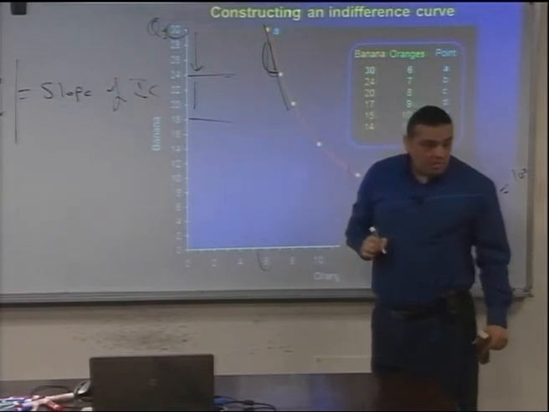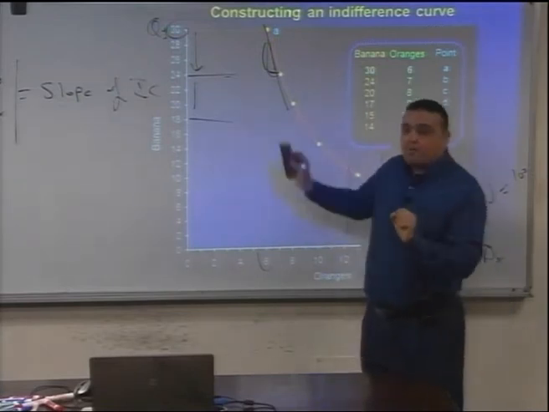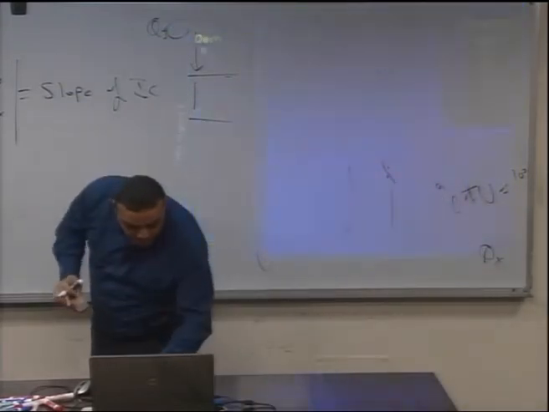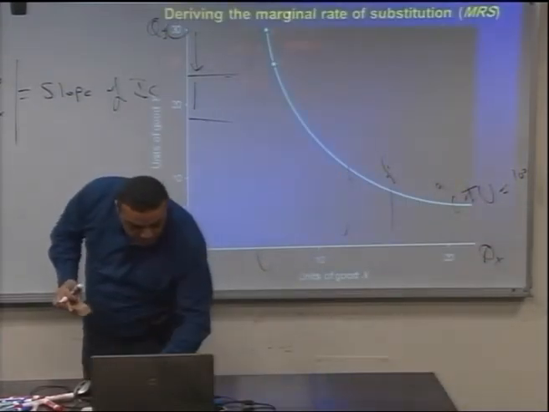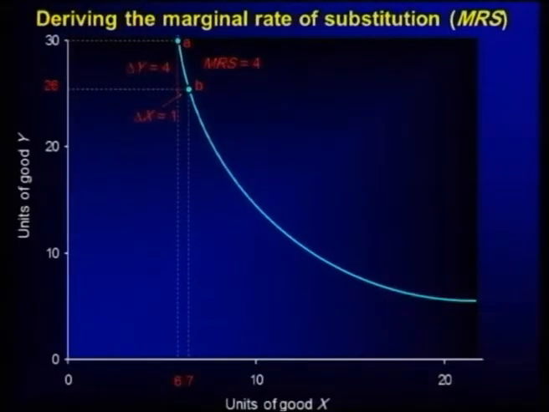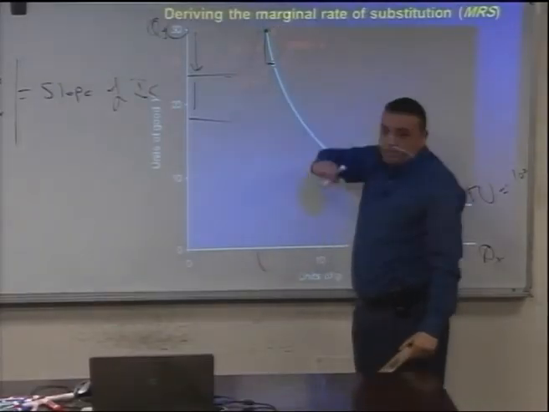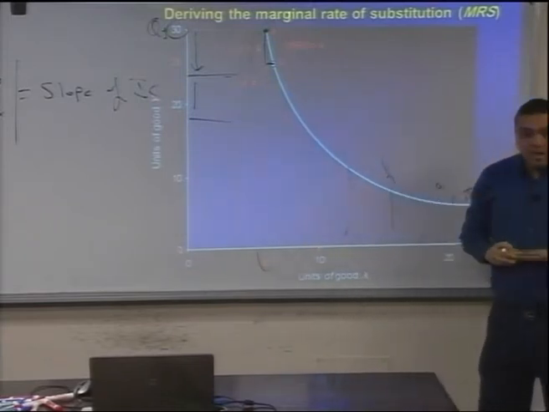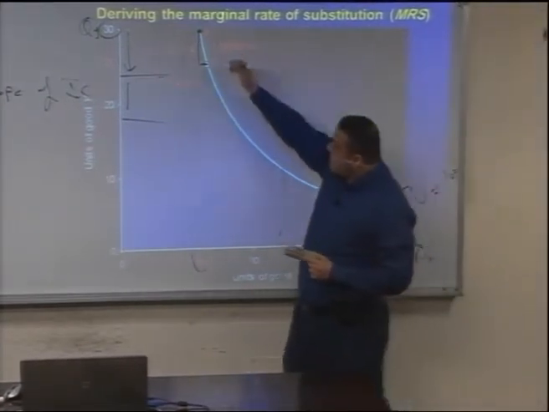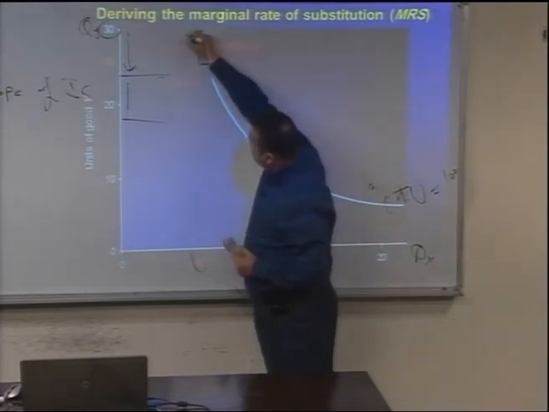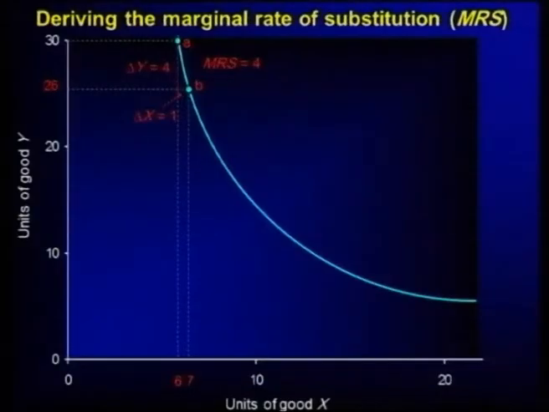Height over pace. This is the slope at this point. Here, let's go here. The marginal rate of substitution at this point, point A, with a tangent line here, the slope equals delta qy over delta qx.